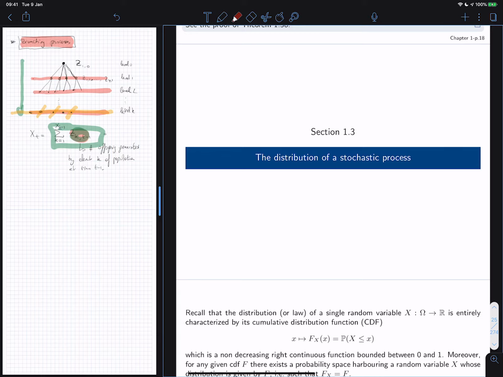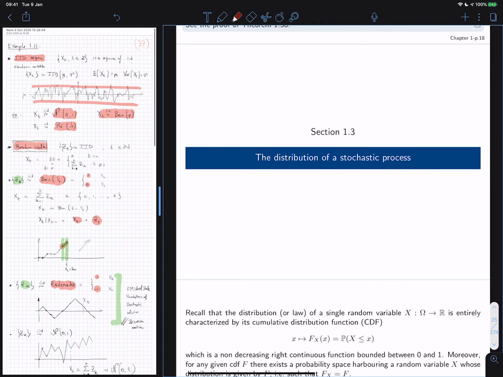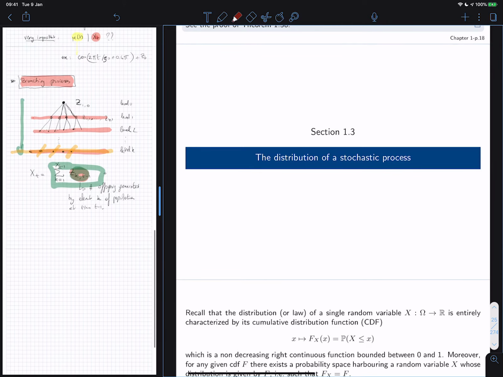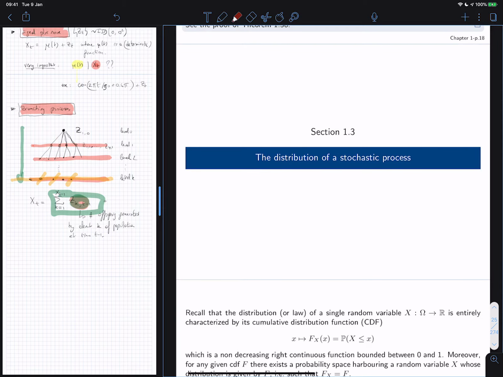Great. How many of you are there left? 33. You're quite resistant. Evo is still alive. I'm barely alive.